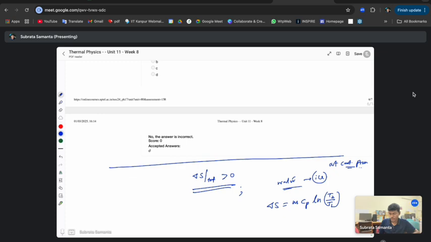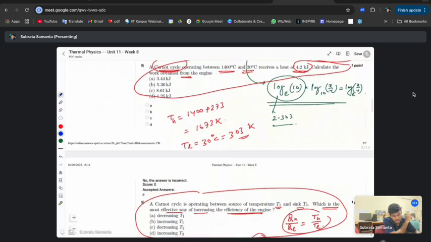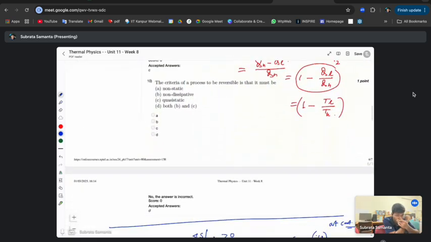Okay, so let me think again. In the first process, basically ln x over y equals minus ln y over x. That is the case. Basically, if I change in the forward way, that means ice to water.